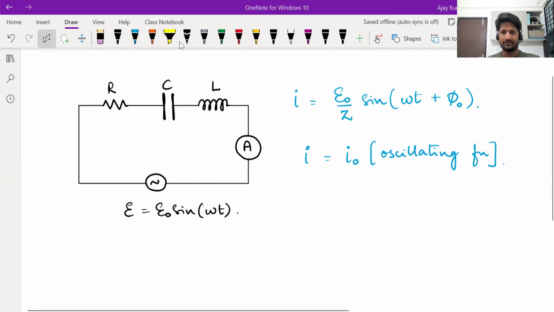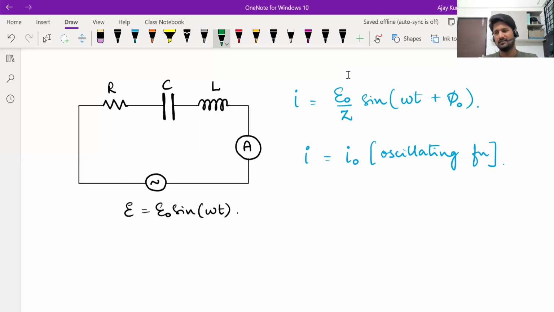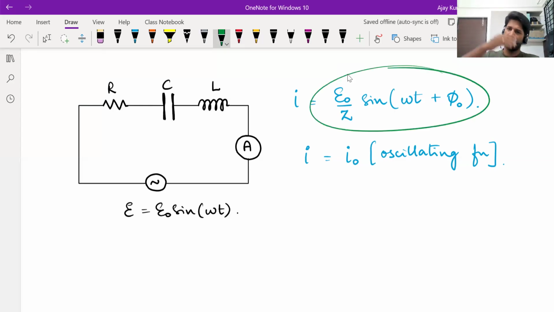The average current. What is the average of the sine function? 2 by pi is only for the positive half cycle, but this current won't stop after executing the positive half cycle. It will keep oscillating up and down. So what will the average be over a long duration?